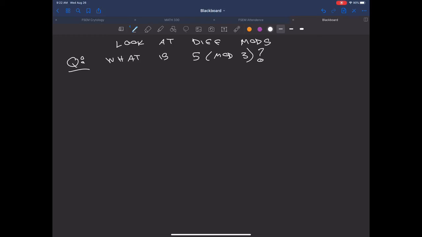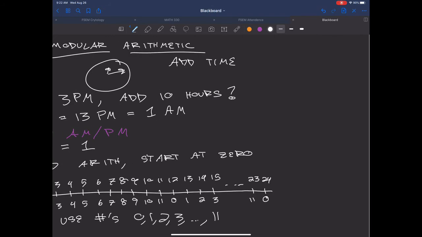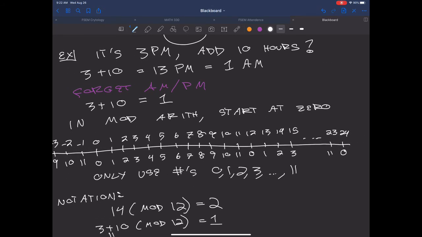All right, so to look at this, we're going to go back to the number line, for right now at least. 0, 1, 2, 3, 4, 5. And we'll go 6 and 7 just for kicks. Okay, so the top line is the regular numbers. On the bottom, we are going to use the mod 3 numbers. So 0, 1, 2, and those are the only numbers that really exist mod 3. We can see this because when we did mod 12, the numbers that existed were 0 up to 11.